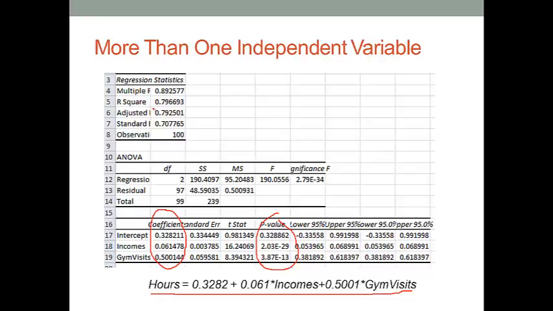Before, when we had one independent variable, the R squared value was only 64%. But when we add gym visits as the second independent variable, the R squared value increased to 79%. That means if hours changes by 1 unit, 1 hour, 79% of this 1 unit change can be explained or predicted by incomes and gym visits at the same time.